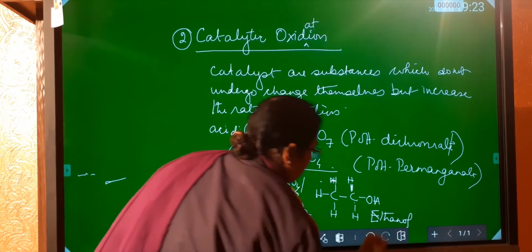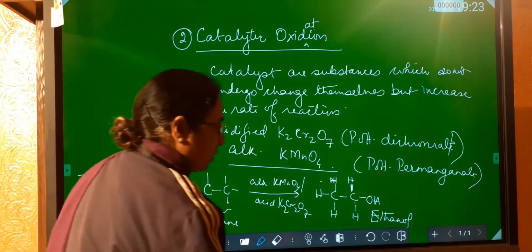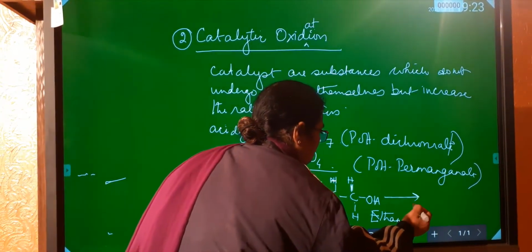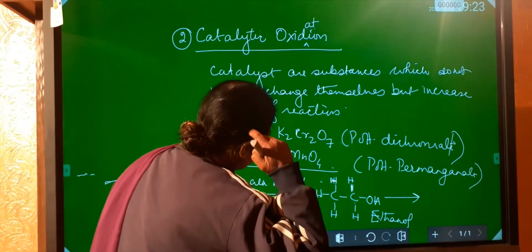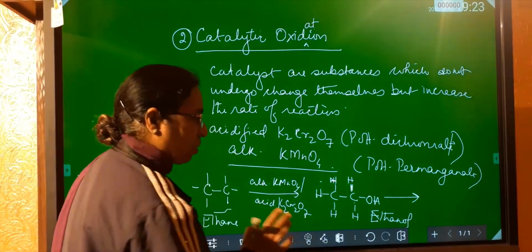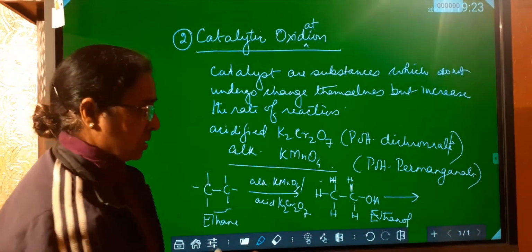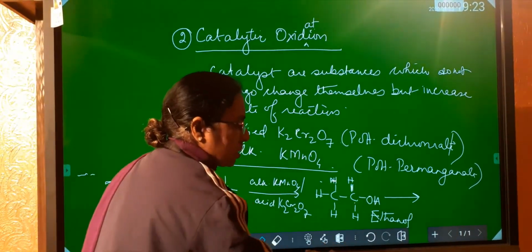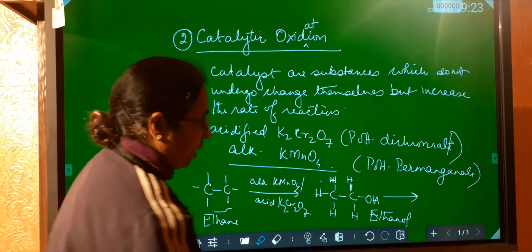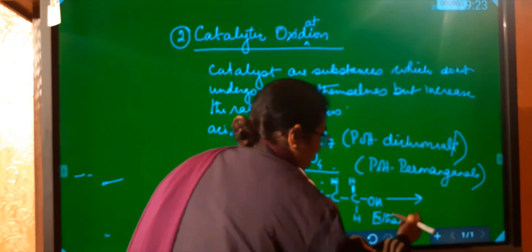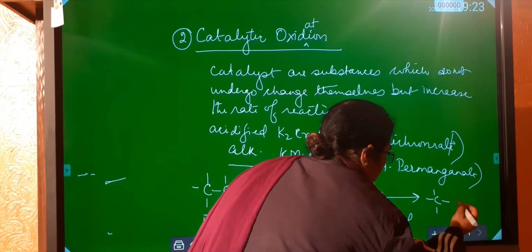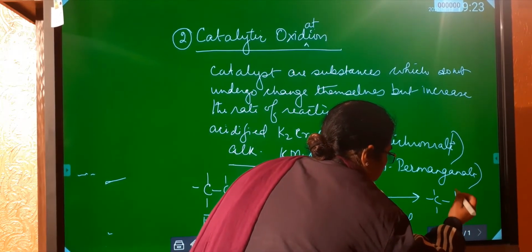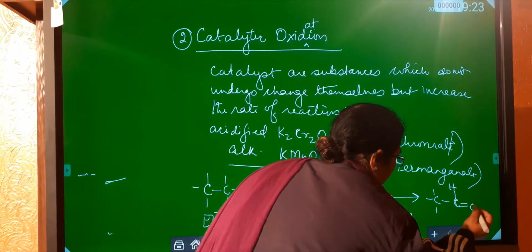Now if we continue this oxidation, what will we be getting? Oxidation means either addition of oxygen or removal of hydrogen. So if we continue, this will become CH3CHO.